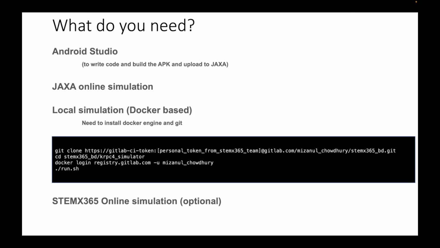So then JAXA also provided a local simulation, which is Docker based. If you don't know about Docker, we can give you a lecture on that. Docker is just a tool, similar to the virtual machines you may have used with VirtualBox or VMware.